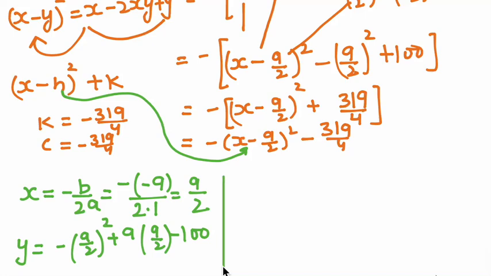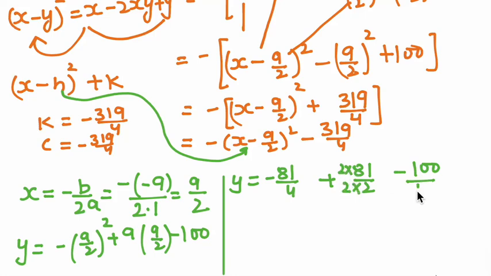Let's solve it here. I just want to do all of the stuff on the screen itself so that you can compare. So y is equal to negative 81 by 4 plus 81 by 2 minus 100. Now because we have to solve the fraction, the best step is to make the denominator the same. Because all the denominators are the same, I'll write it as 4.